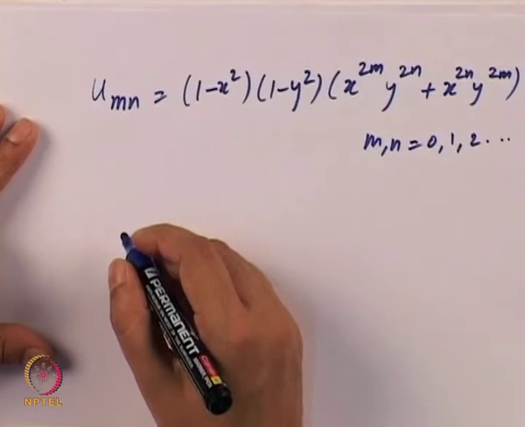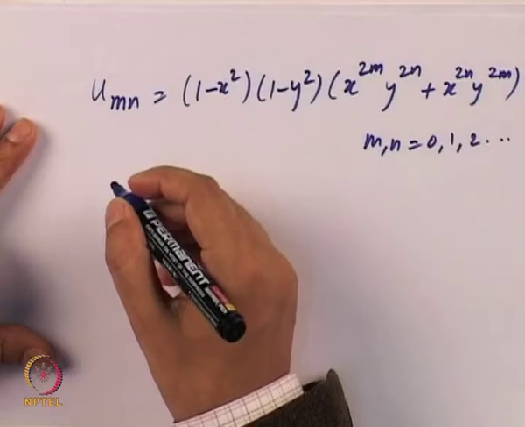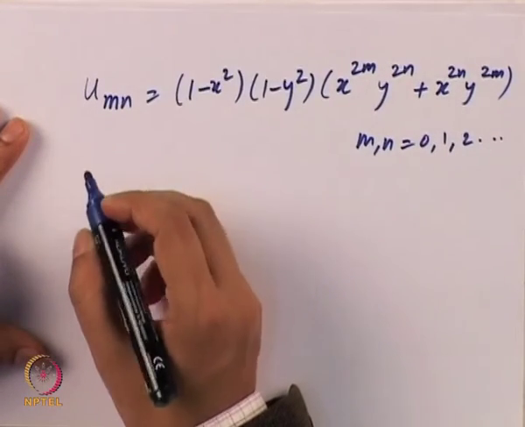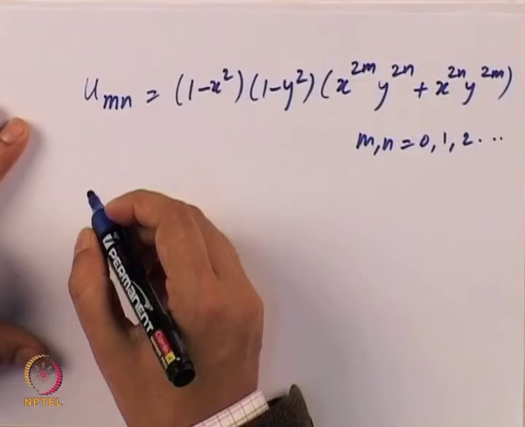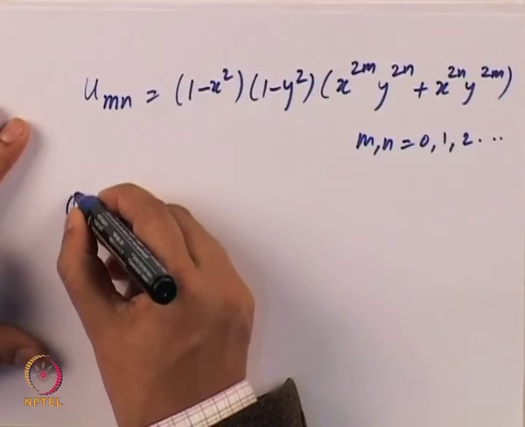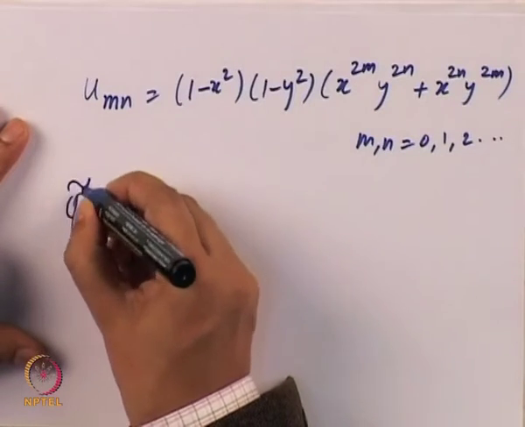Let us say we have the problem using this basis function. What we will get is the solution itself as an approximation.